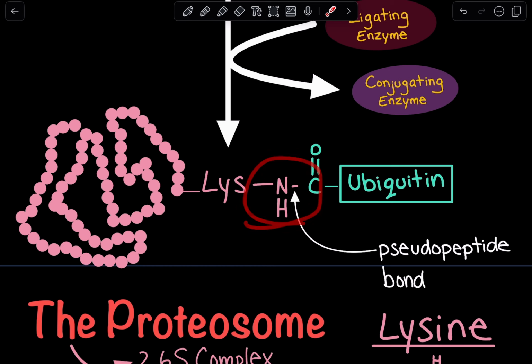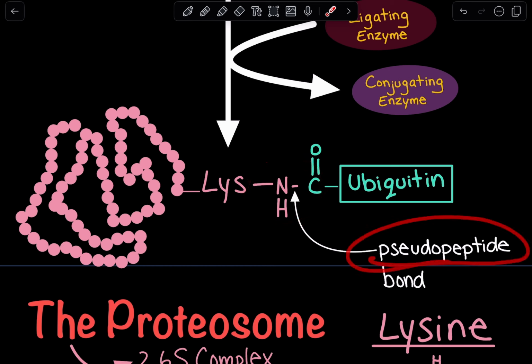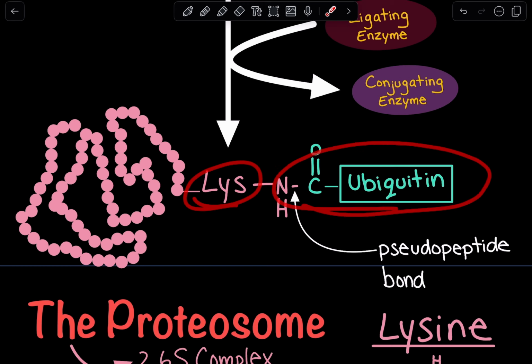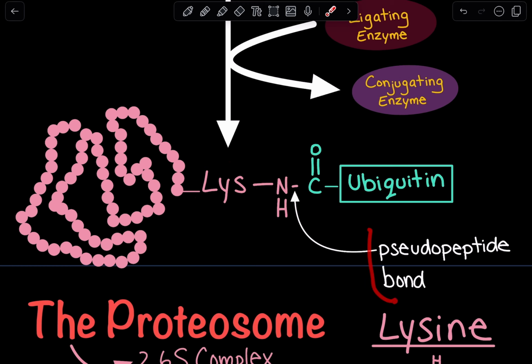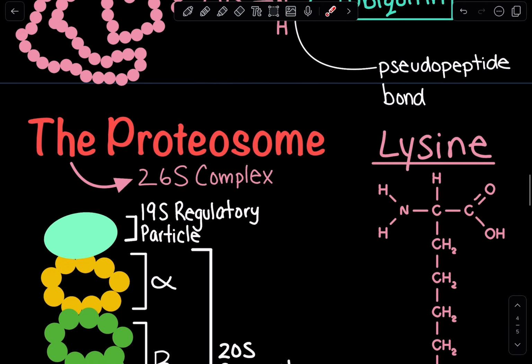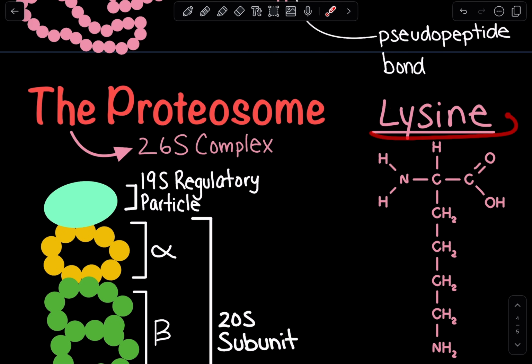Now let's take a look at the bond formed. The bond formed over here is a pseudopeptide bond, and it is formed with the lysine residue and the ubiquitin. Why is it a pseudopeptide bond and not a regular bond? Let's take a look at the structure of lysine. So this is the structure of lysine, and this is our alpha carbon. Normally, when we form peptide bonds, it is with the amino end and a carboxylic end.